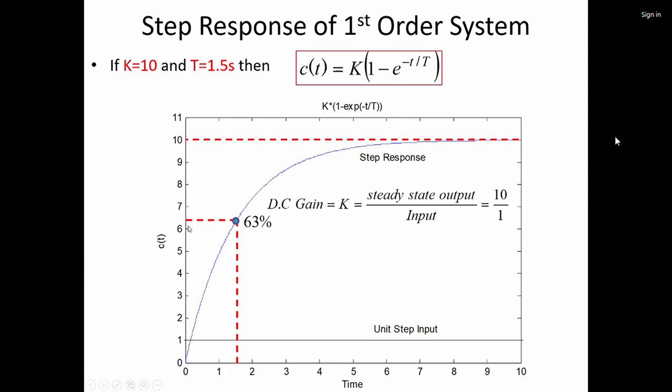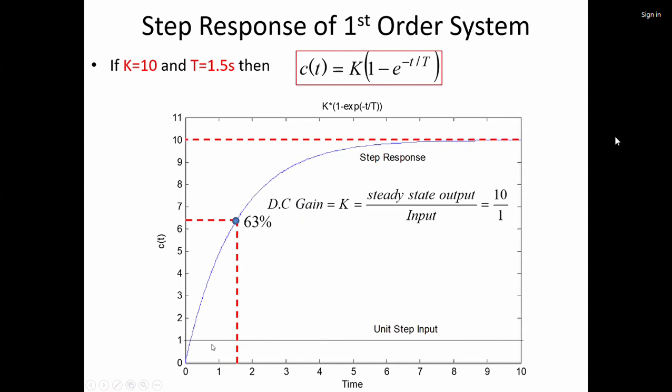Now, your gain is 10 and your input is 1, so the output would basically be 10, because the gain is the steady state output divided by the input. So the steady state output will be 10.